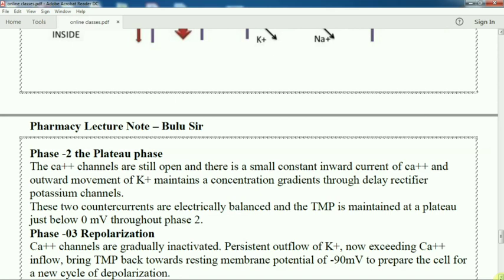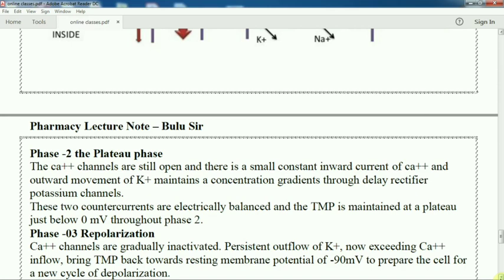The question comes, what is the plateau phase? It means maintaining the balance between potassium and calcium. The movement of inward calcium is constant, and the outward movement of potassium is also constant, so the concentration gradient is maintained.